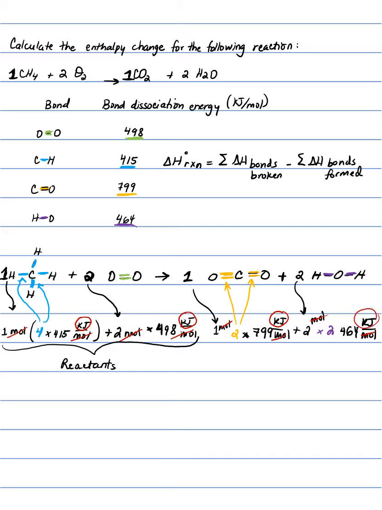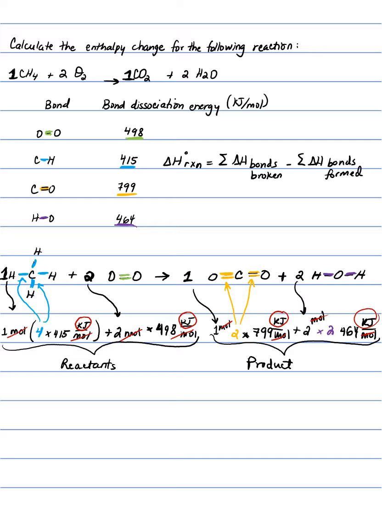So let's do all of this, the sum of everything on the product side. The amount of energy required to break apart chemical bonds on the reactant side, and the amount of energy that is being released on the product side when you're forming the new chemical bonds. So I'm doing this step by step.